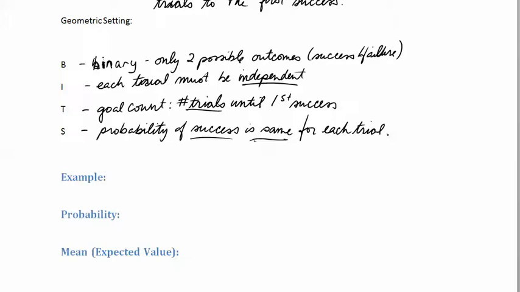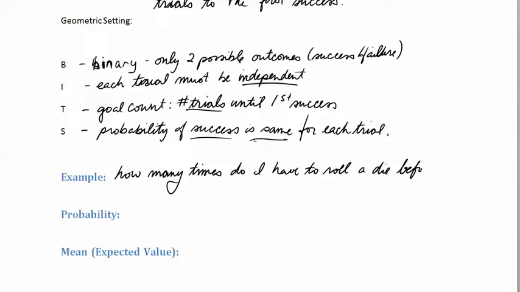Now in this case, we're going to roll the die and try to get a 1, but we are going to count how many times we have to roll the die before we get a 1. So the question here is, how many times do I have to roll a die before rolling a 1?